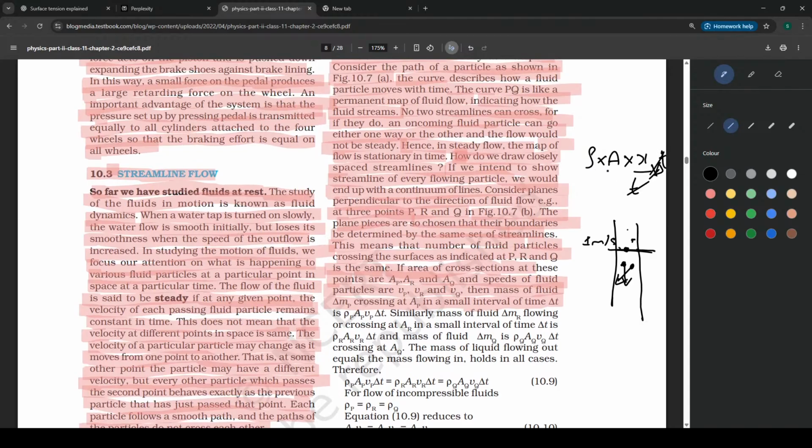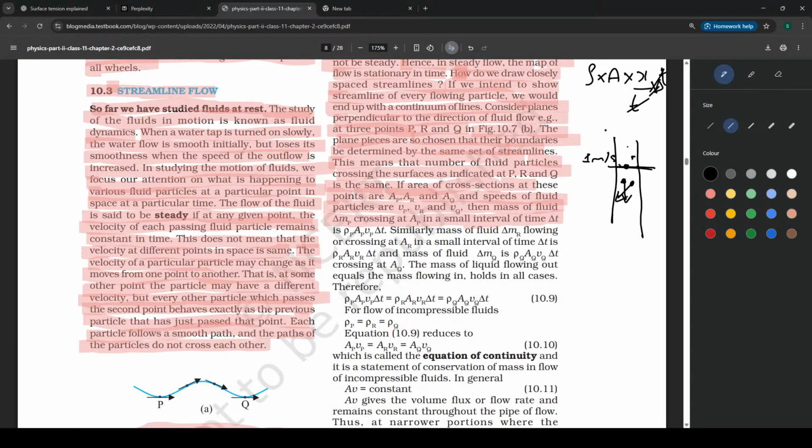We will get rho A times x, which is volume, so this will become the mass of the fluid.